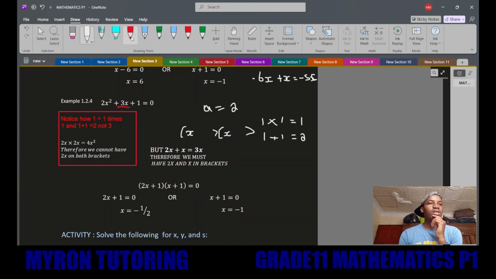I want you to see that x times x will give you x squared, but it will not give you 2x squared. In order for you to have 2x squared, that means one of the x's must carry a 2.